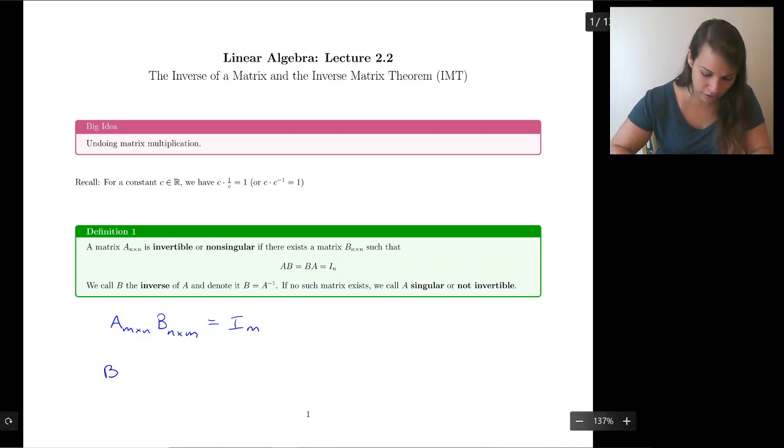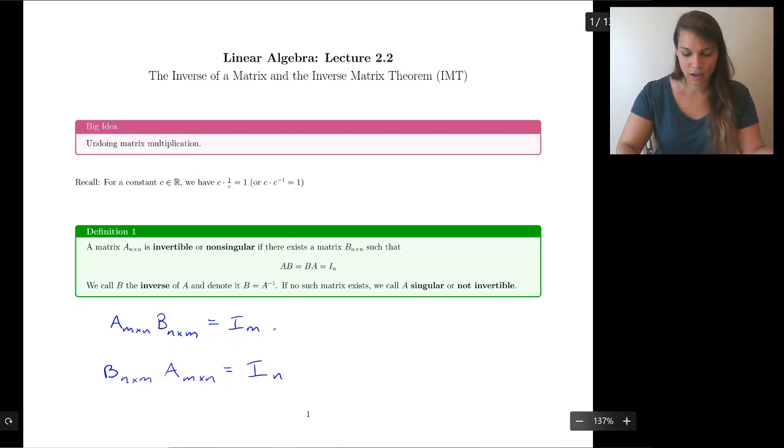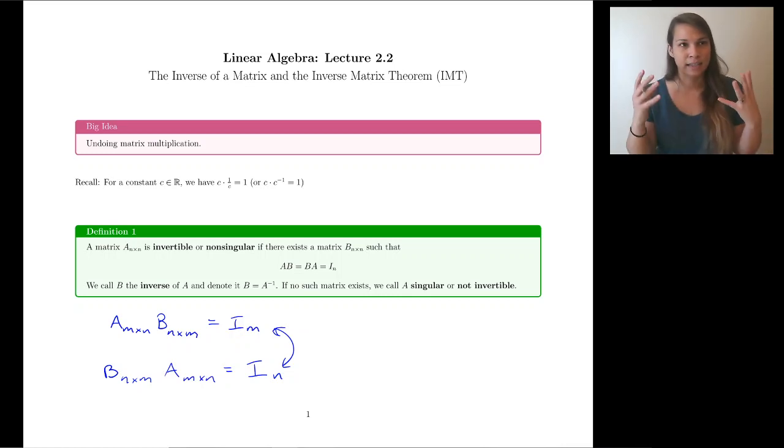But then as soon as we multiply on the other side, let's say we were lucky enough to still get the identity matrix, we have identity matrices that are different sizes, so they're not the same identity. That's the brief justification behind why we want it to be square.